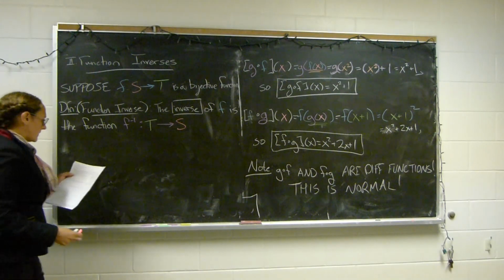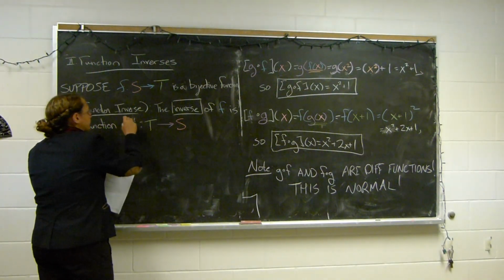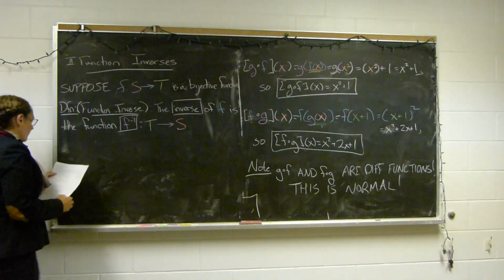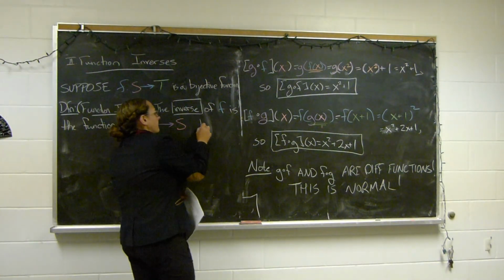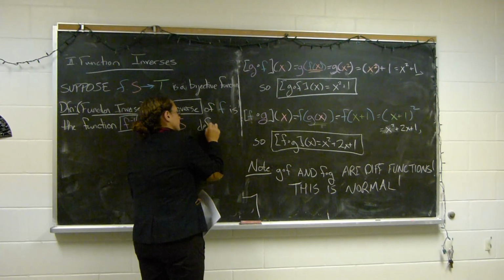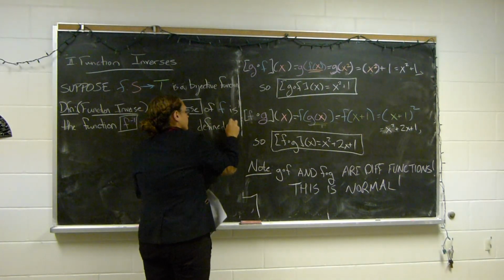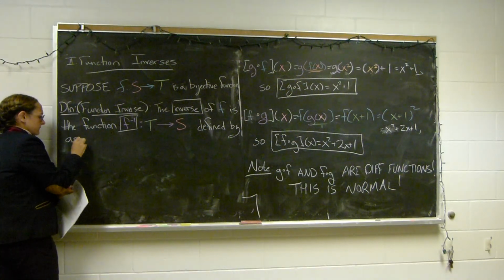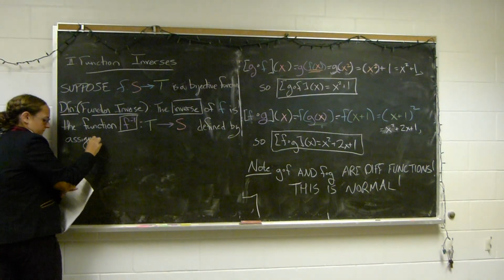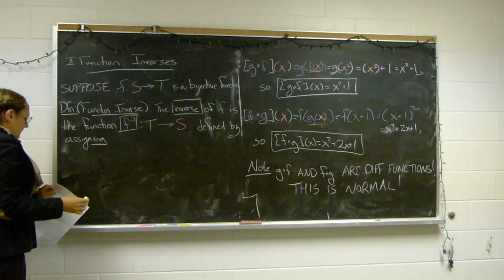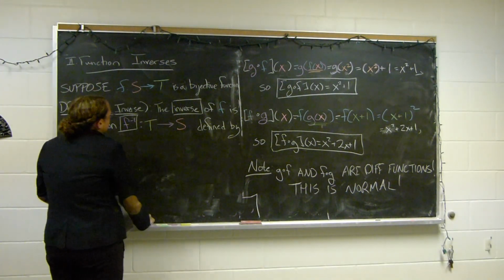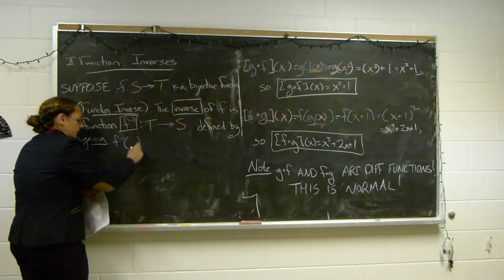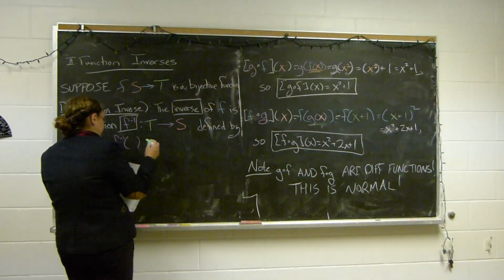Okay, so it's going to be the function. So this is also, I box this. Why do I box this? Because it's notation and I want that to stand out to you. Okay, defined by assigning, so how do I take, okay, so I have an input that's in T. So how do I apply F inverse to this little t, which would be in T?